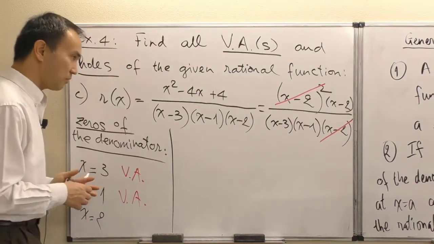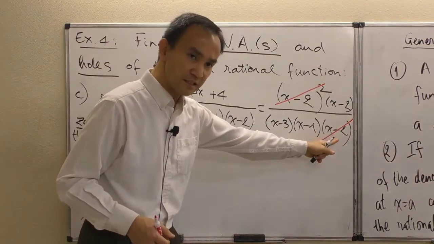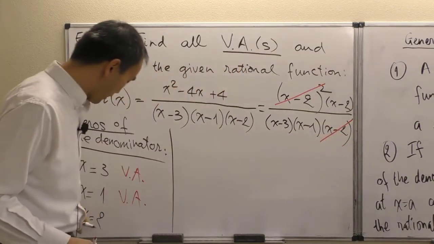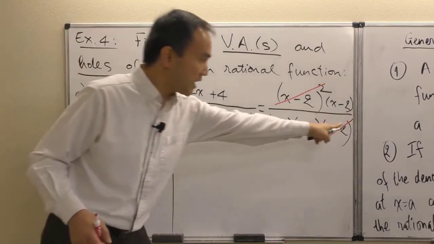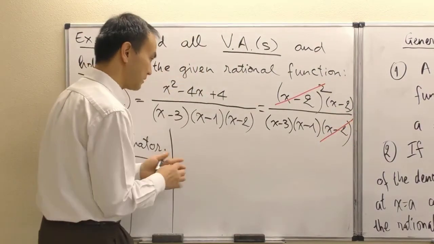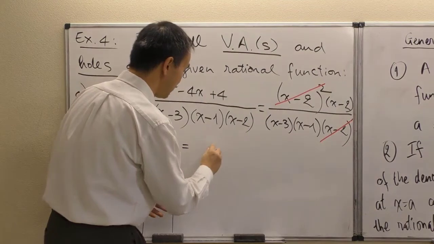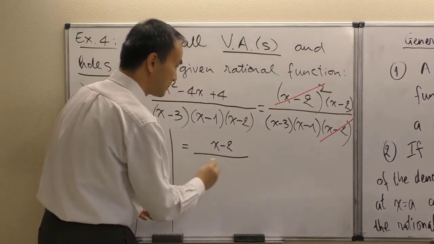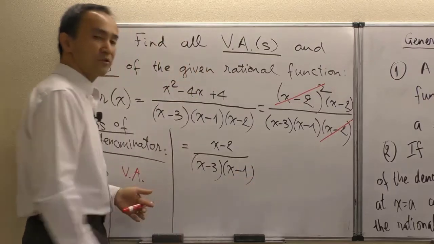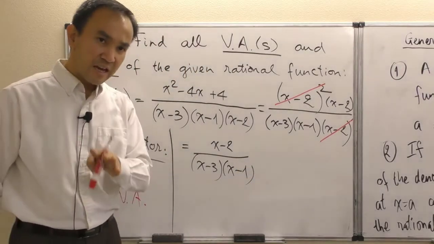Now, as I see it, in the denominator, that linear factor corresponding to x equals 2, together with its multiplicity, is canceled completely, to really become x minus 2 over x minus 3 times x minus 1. I'm documenting every single little step.